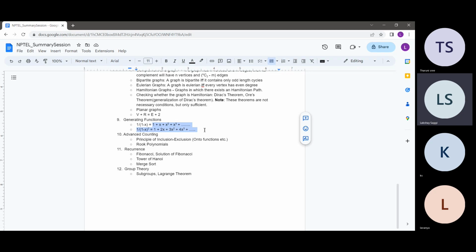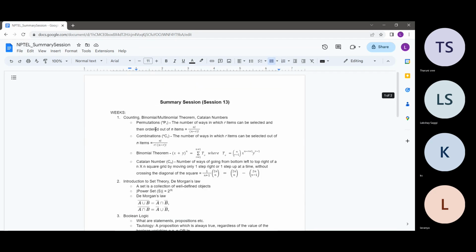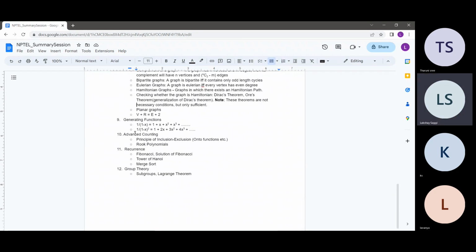These were some generating functions which we discussed, right? And then in week 10, mainly the concepts related to advanced counting. Counting was covered earlier in week 1 also, but now in week 10 some more advanced counting methods were introduced to count different kinds of things, like the principle of inclusion exclusion.